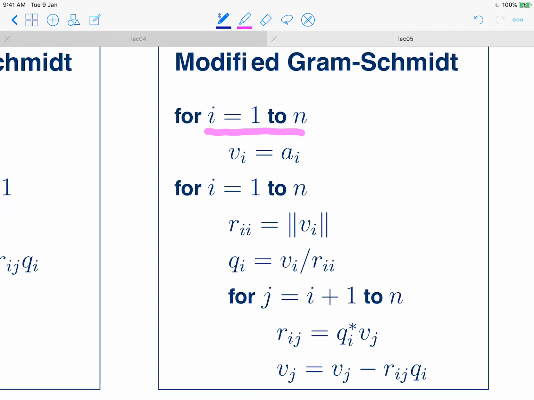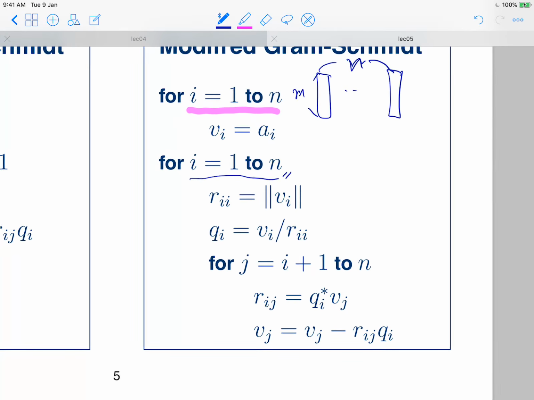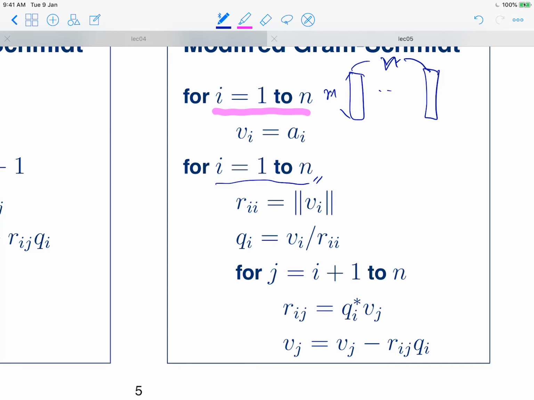So we start with a set of initial vectors A1 through AN. We have m-dimensional vectors, and we have n such vectors. Okay, so this is an outer for loop. Let's start with the first column, like this guy.